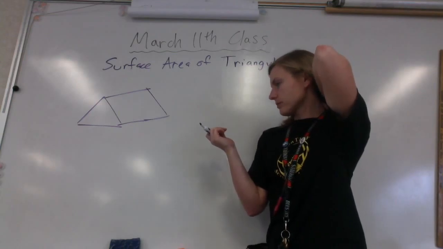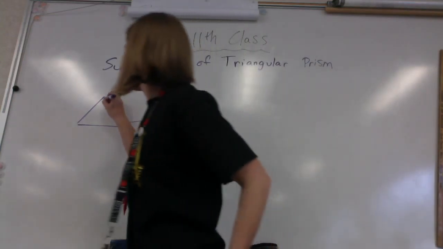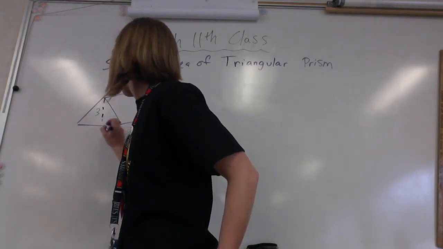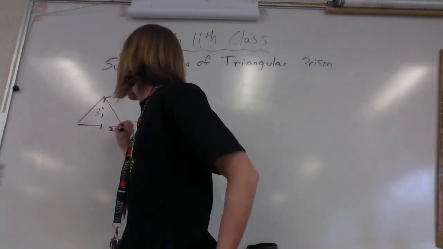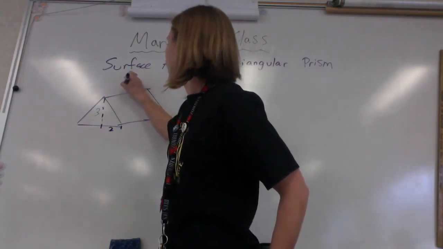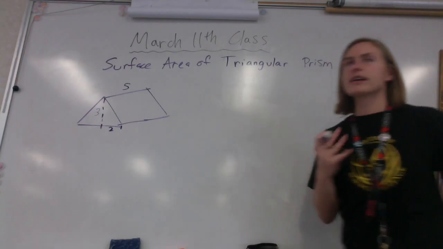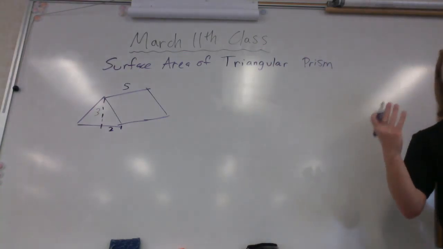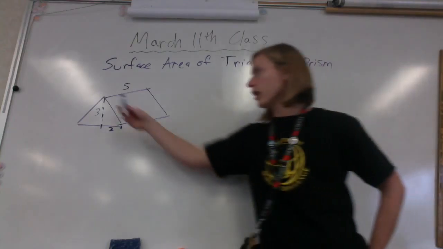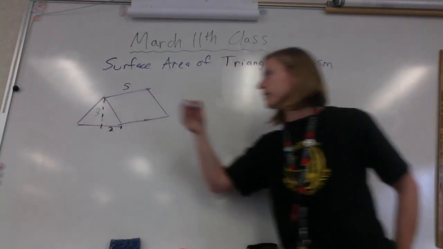So, with these ones, let's make this 3. I'll be nice to you guys. Let's say that this part right here is a 2, and this length right here we'll make a 5. So we have to find the area of every single side and just add them up. The only thing that's nice about it is that our front face is going to be the same as our back face.